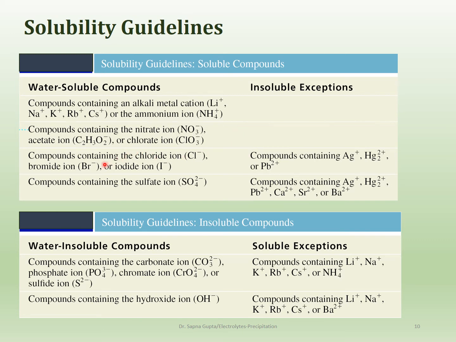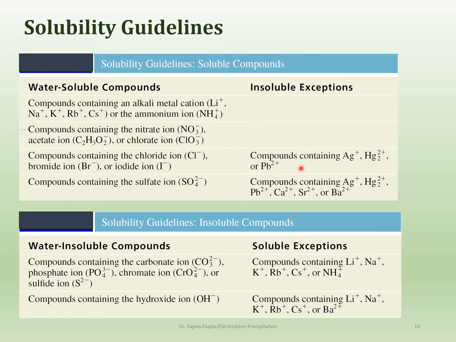And then we have a whole bunch of halides. Halides meaning coming from halogens. Halogens are group number 7. So halides: chloride, bromide, iodide. These compounds mostly are soluble, but they have some exceptions. And the exceptions are silver, mercury, and lead.